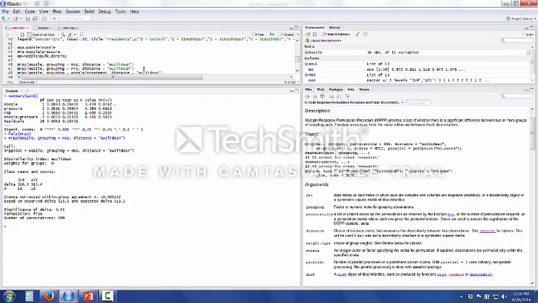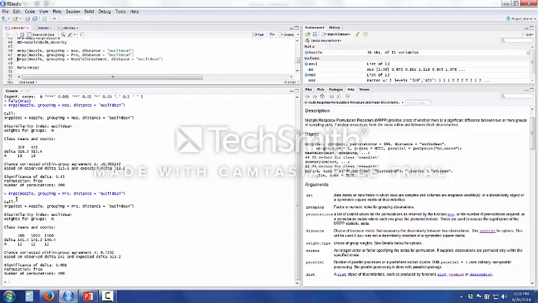For pressure, we'll run the same thing, MRPP grouping for the pressure factor, and I use Euclidean again, and we'll show what this says. There are my three pressure settings. The chance corrected within-group agreement is 0.72, a lot higher than what the nozzle was. But right here, the observed delta was 141 with the expected of 513.